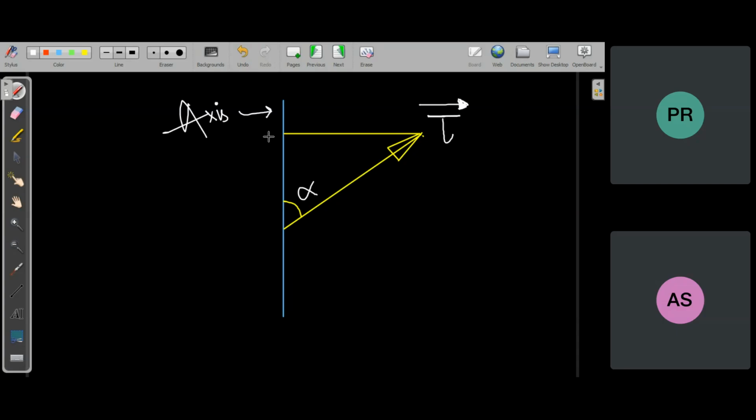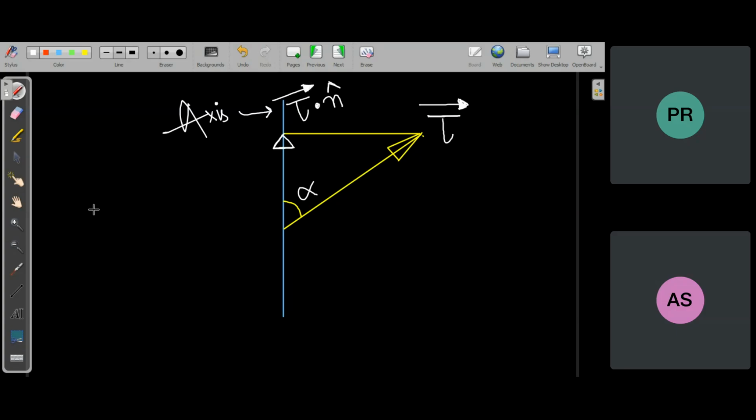So its component along the axis will be this vector, which you can find by taking the torque vector dot product with n cap, where n cap is the unit vector along the axis.